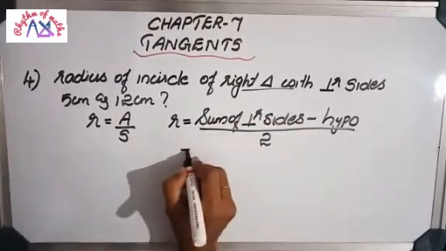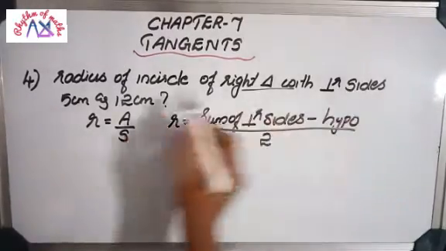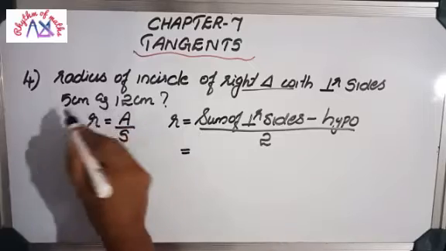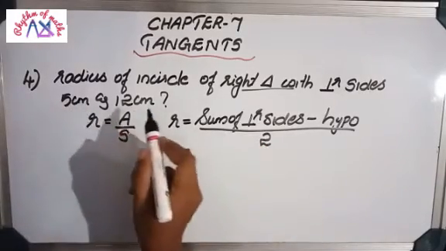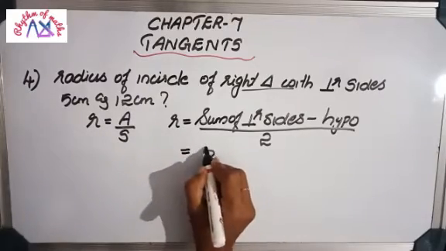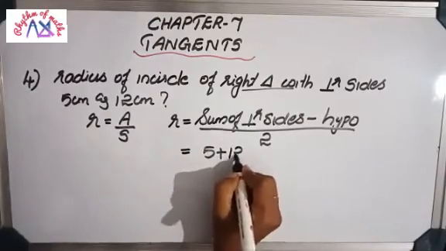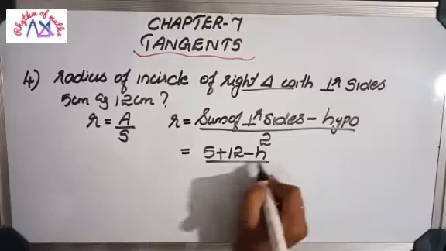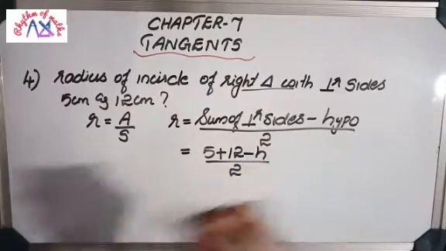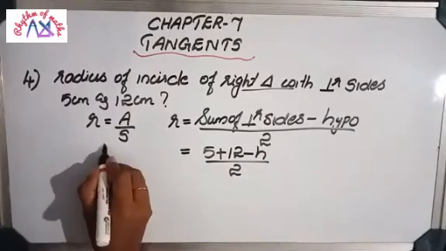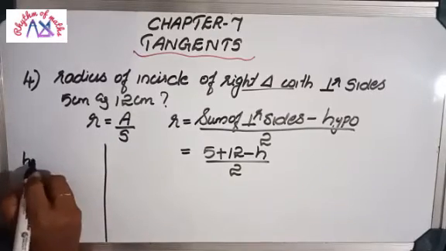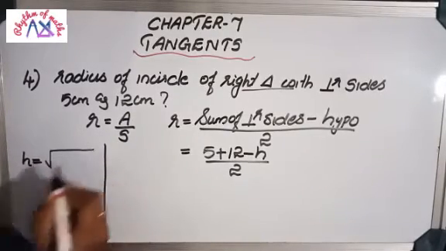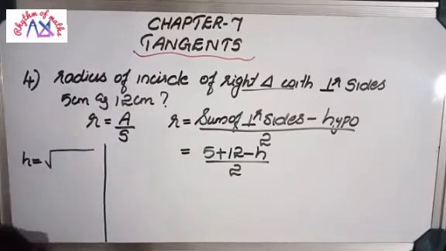So the sum of perpendicular sides: 5 and 12 are the perpendicular sides. So the sum means base plus altitude. So 5 plus 12 minus h by 2. Here we need to find the hypotenuse first. The hypotenuse equation by Pythagoras theorem is root of base square plus altitude square.